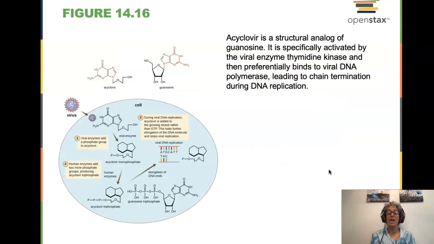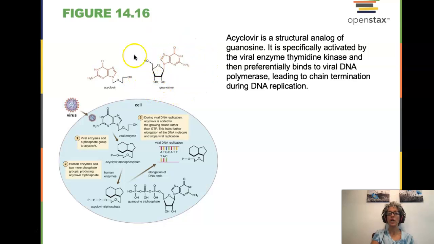Now we're going to look at some antivirals. Acyclovir is used for treating herpes virus infections. That's at least one of the infections it's used for. It is called an analog of guanosine. This is a guanosine.